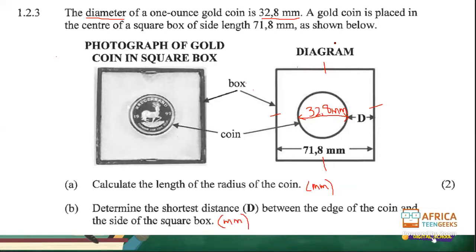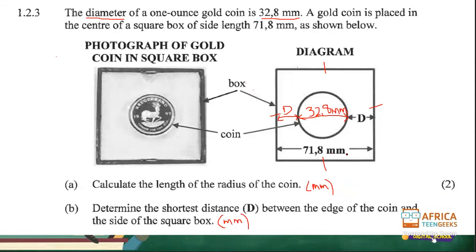Okay, let's see if your answers are correct. There's actually a number for doing the sum. But what is obvious is that D plus the diameter of the coin plus another distance D will give us 71,8 millimeters.